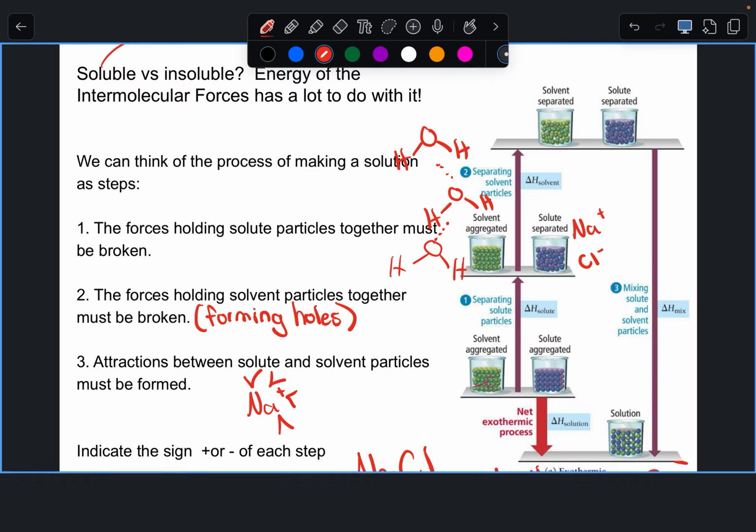When I'm being lazy, you can draw water just like a little V, where the tip is the oxygen and the two ends are the hydrogens. So in sodium, the oxygens point towards it, and in chlorine, the hydrogens point towards it.